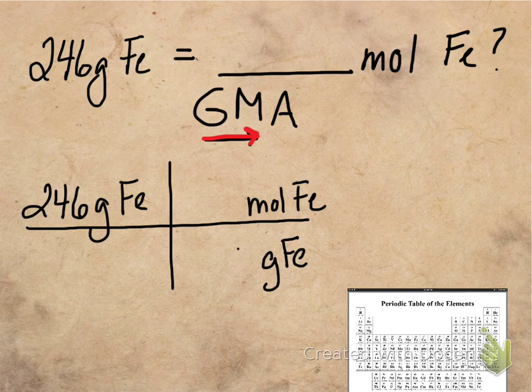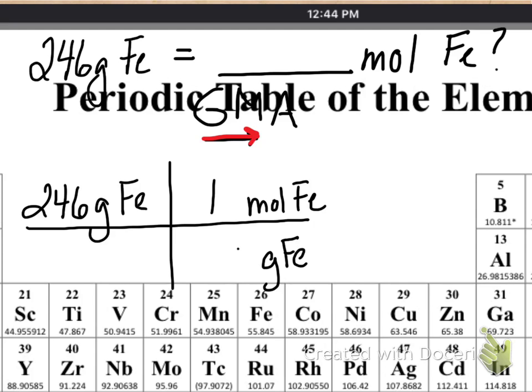Well, the first thing that you should know is that you never put any number except 1 in front of moles unless your given is in moles. When moles are a conversion factor, we're always talking about 1 mole. And the number of grams of anything in 1 mole is, do you remember what that's called? Oh yeah, it's molar mass. That's right. And we get the molar mass from the periodic table.